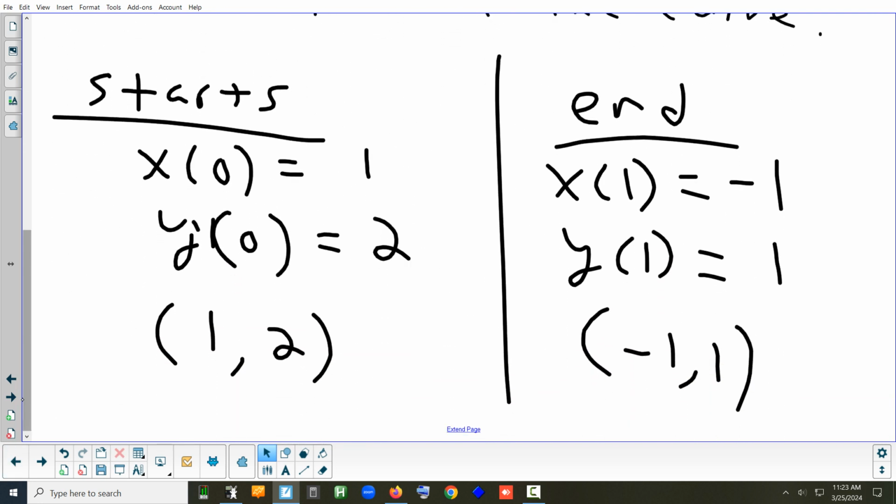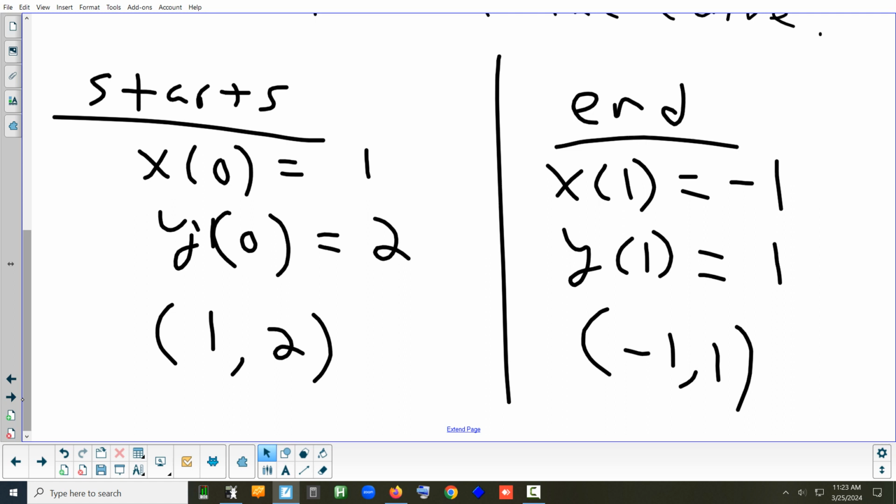When we graphed it parametrically, what was the leftmost edge of my graph? How far left did the line go? Just the graph, not the window. Negative 1. And what was the rightmost edge? 1.